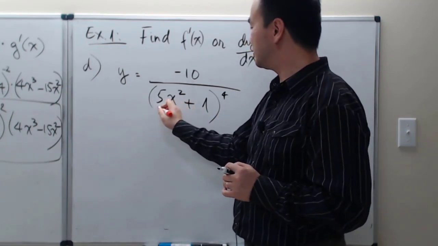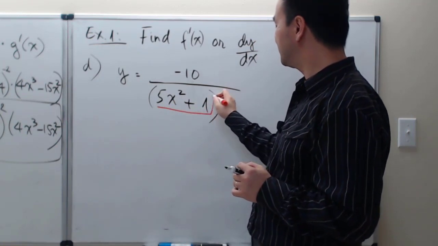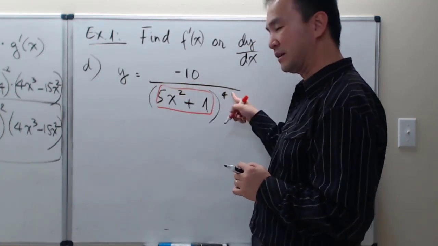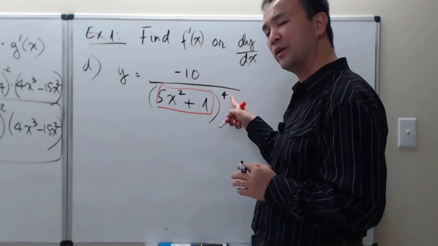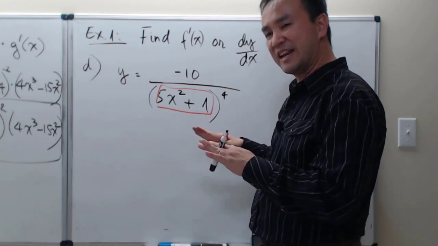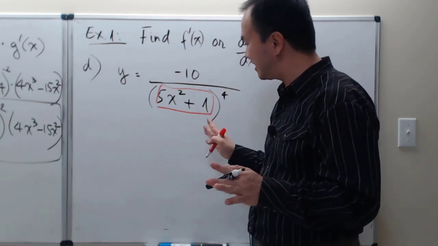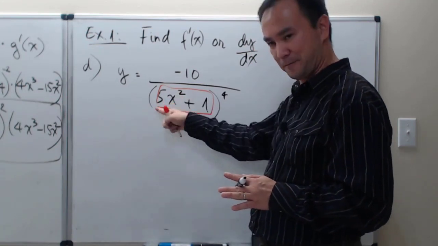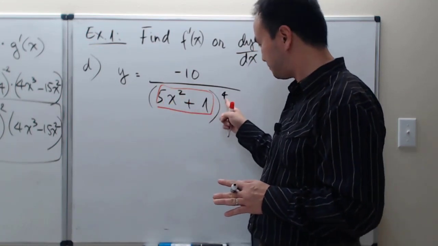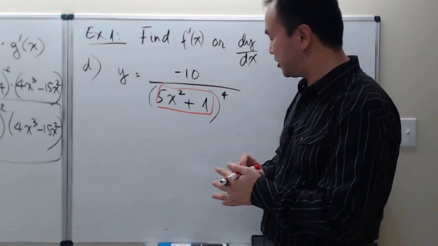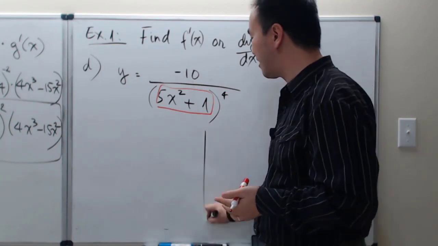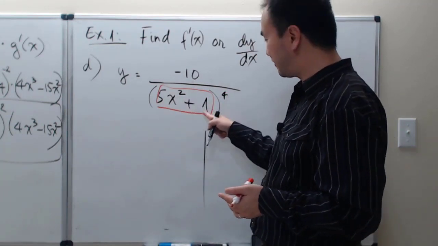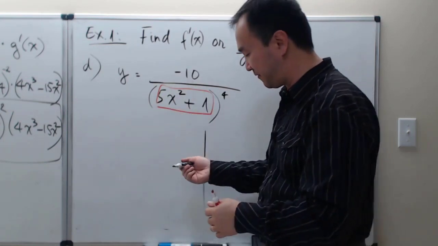So I am going to underline this expression right here, not the whole thing, including the x, including the fourth power. I'm not substituting it that extreme. I'm only going to pick the 5x squared plus 1 inside of this power to be my substitution if I'm going with the substitution route. But in general, I regard that as my inside function.